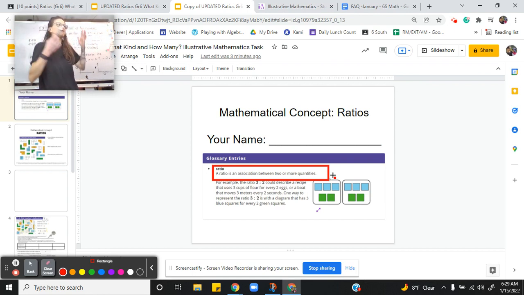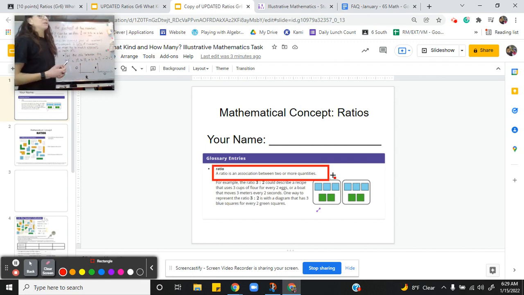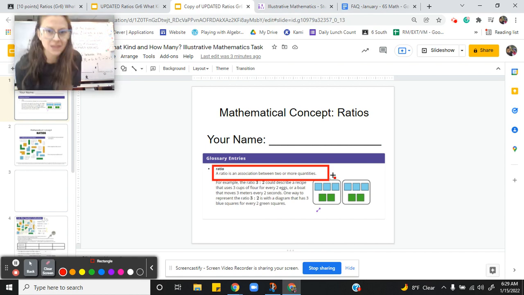There are many ways to define something, right? So what makes more sense to you? Thinking about a ratio as two numbers related by division. So the quotient of two numbers is essentially two numbers related by division, creating a third value that represents the two number comparison. Or we can think about Screencastify.